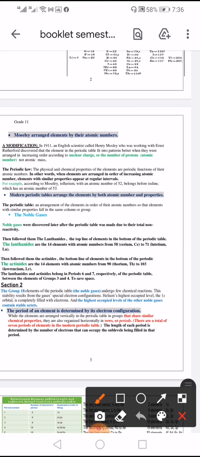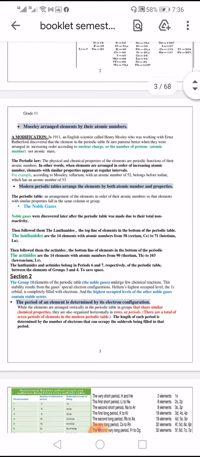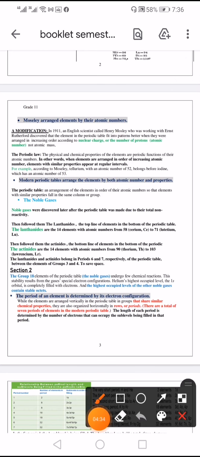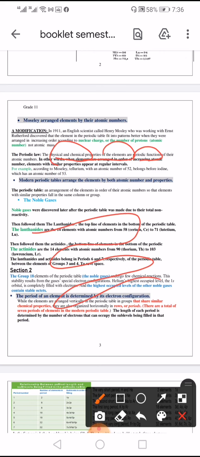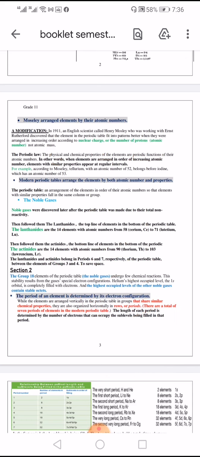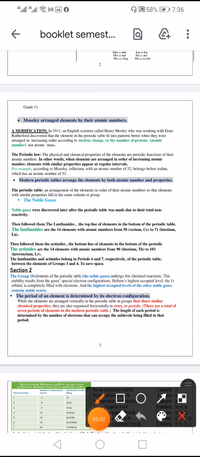Periodic function means that physical and chemical properties repeat periodically. In other words, when elements are arranged in order of increasing atomic number, elements with similar properties appear at regular intervals.